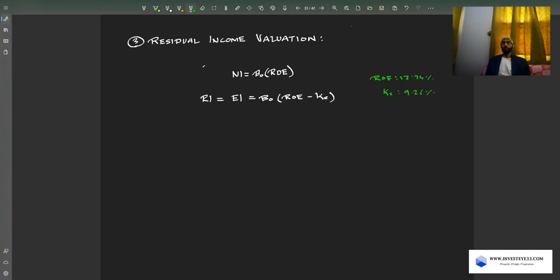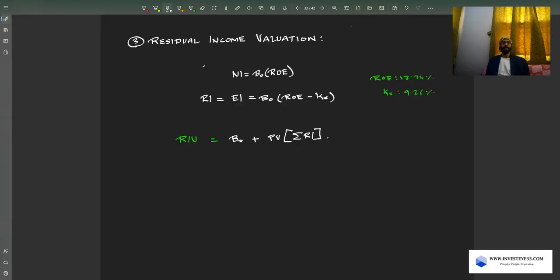The residual income value of a company with constant growth rate is given like this. Residual income value of a company is equal to initial book equity at time 0, or the base year, plus the present value of all the future residual income.